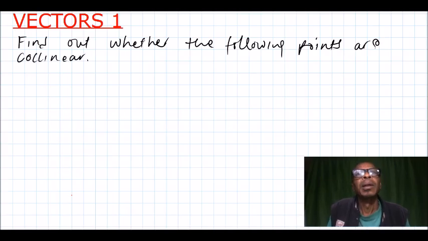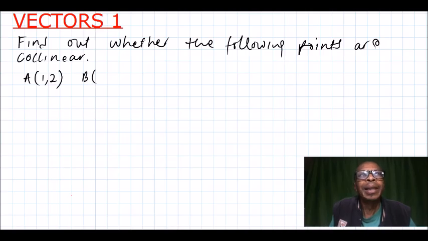Let's say we have A, our A is 1, 2. Our B is 6, 3. And our C is, we can say, 11, 4.